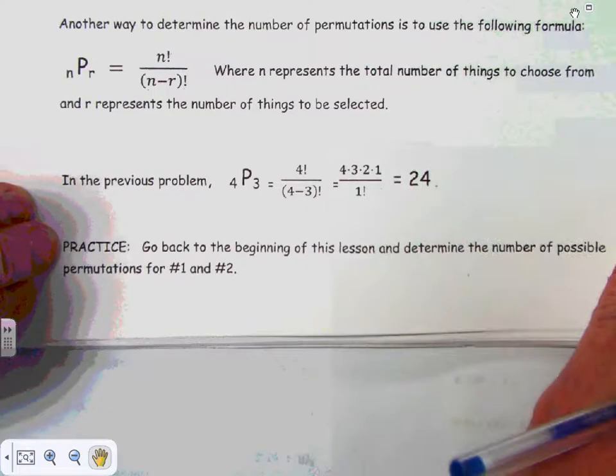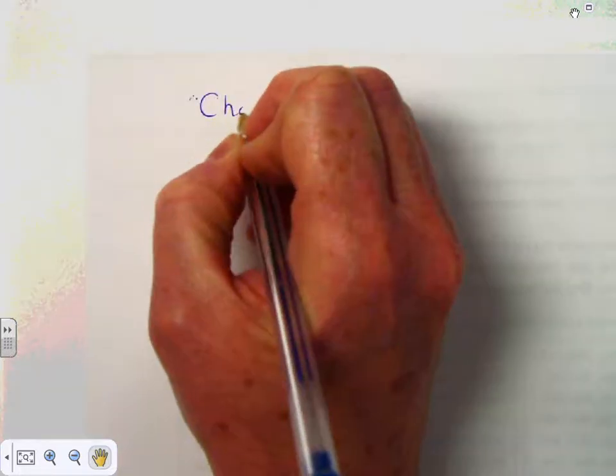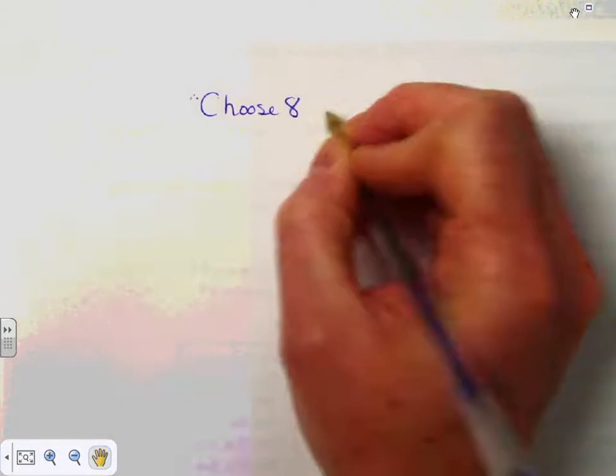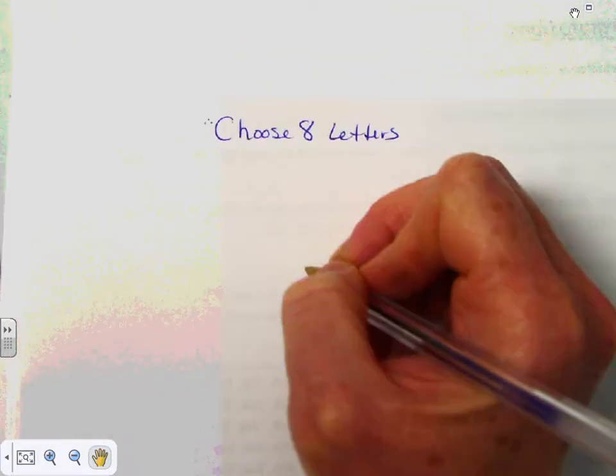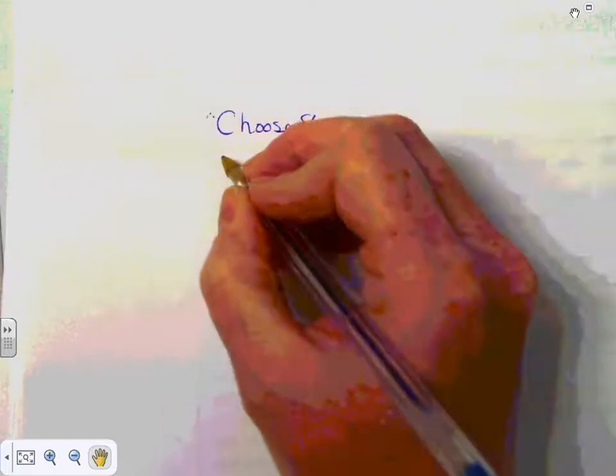Let's go back and do numbers 1 and 2 from the notes like it says. Okay, I'm flipping mine over. Number 1, this was the alphabet. Creating an access code for a computer site using any 8 alphabet letters. So I need to choose 8 letters. How many will there be to choose from? 26.